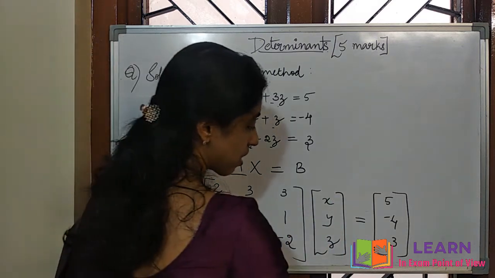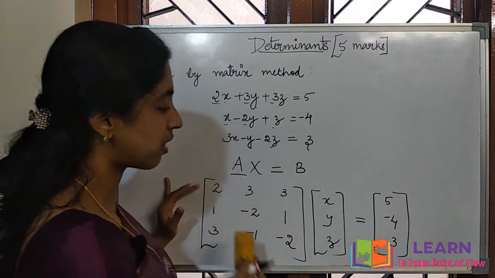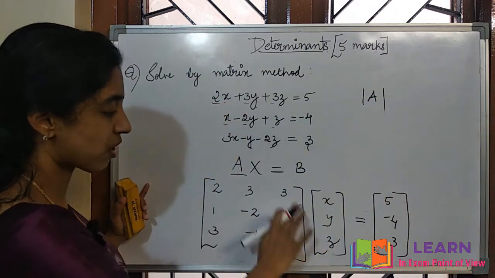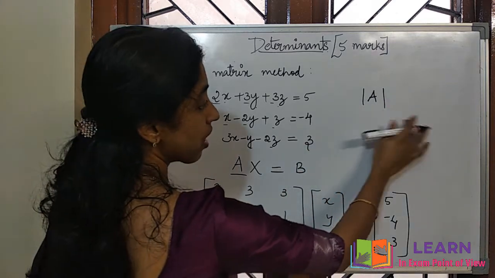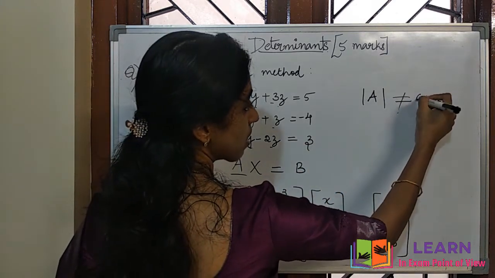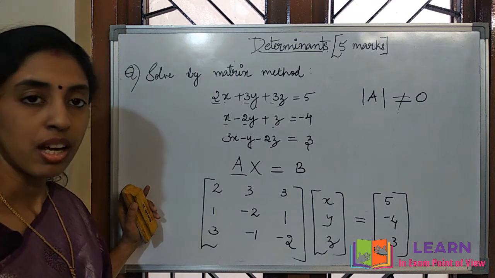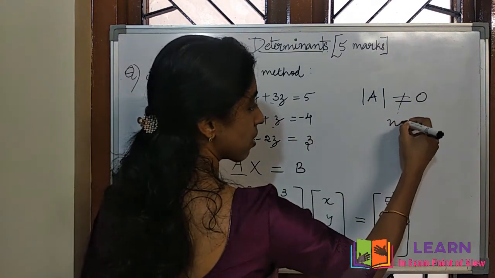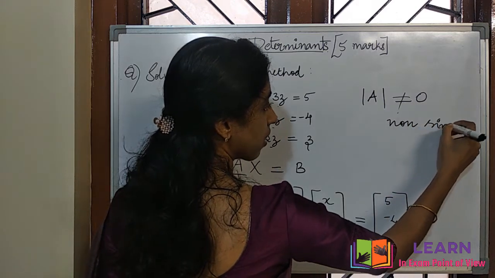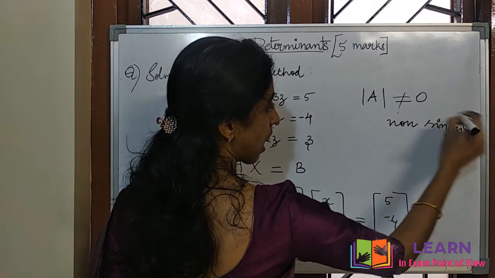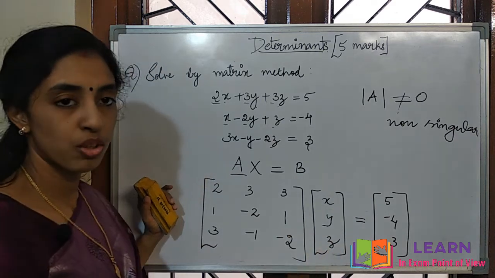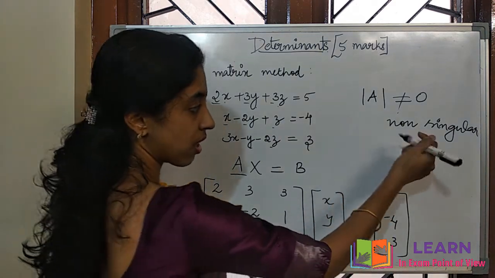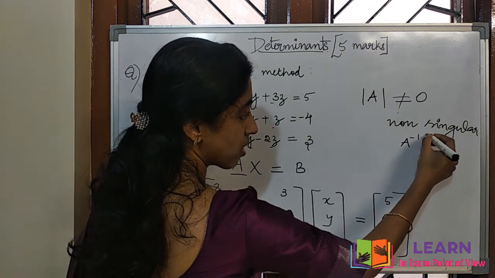Now the next step is we need to find the determinant of A and check whether it is not equal to 0. If it is not equal to 0, the matrix is non-singular. If it is non-singular, it means A inverse exists.